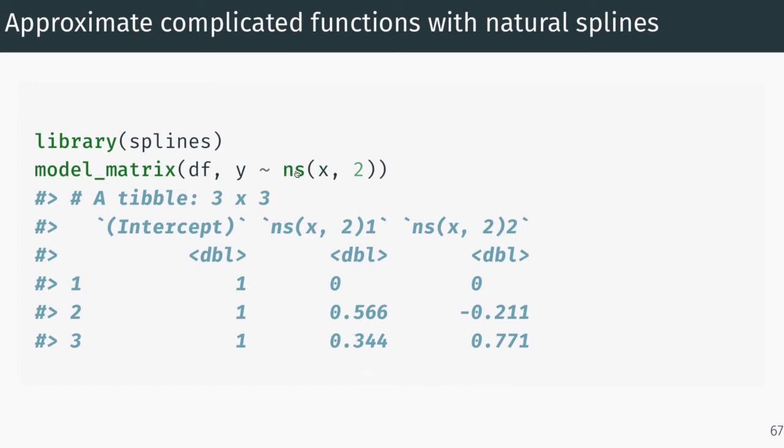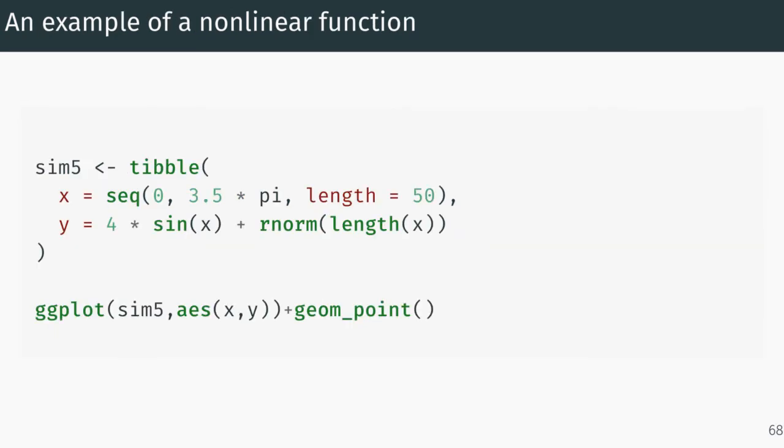So even though we appear to just have one term here, the model matrix is showing that we have 2 terms. And we can do this with many more terms, which we're going to do in a second.